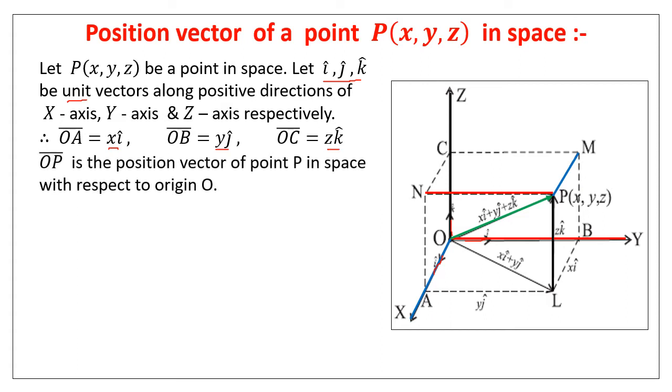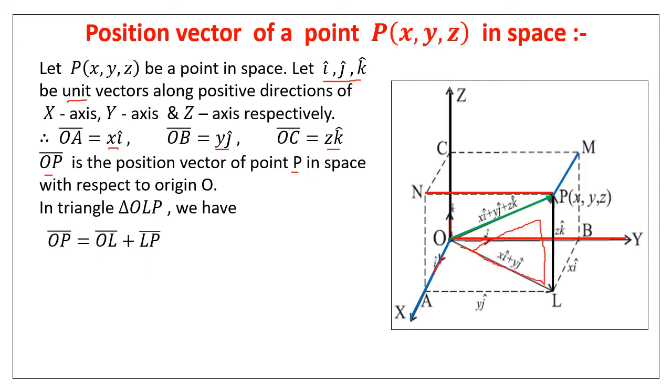Now OP bar is the position vector of point P in space with respect to origin. So from triangle OLP, we have, student, OP bar equals OL bar plus LP bar.